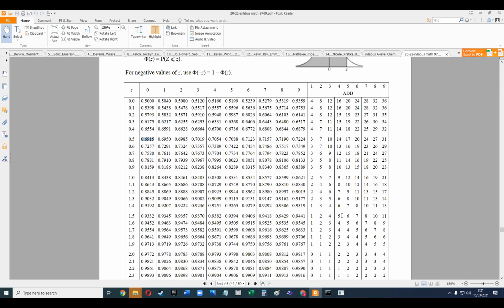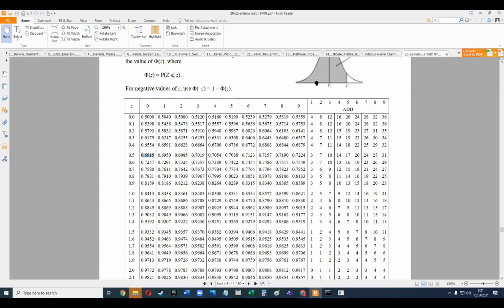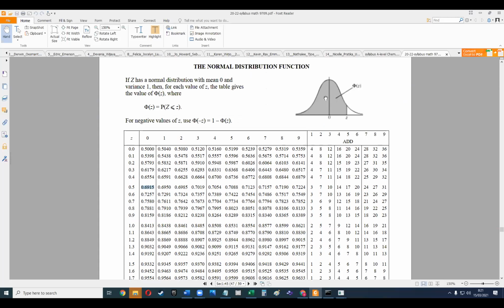Stefan, what is the area, the gray area here, if the Z value is 1.133? Okay, how are you going to read them here? Tell me how to do it. I'm going to move my cursor here.